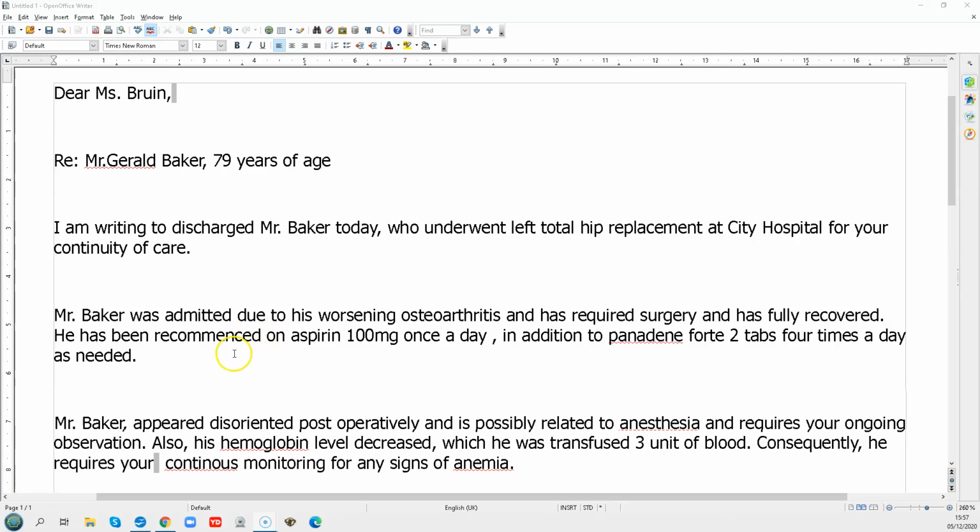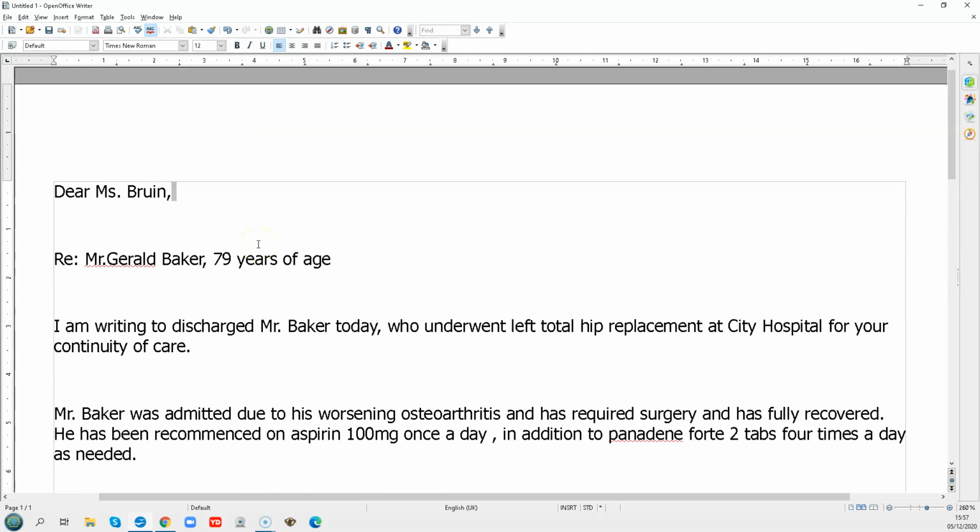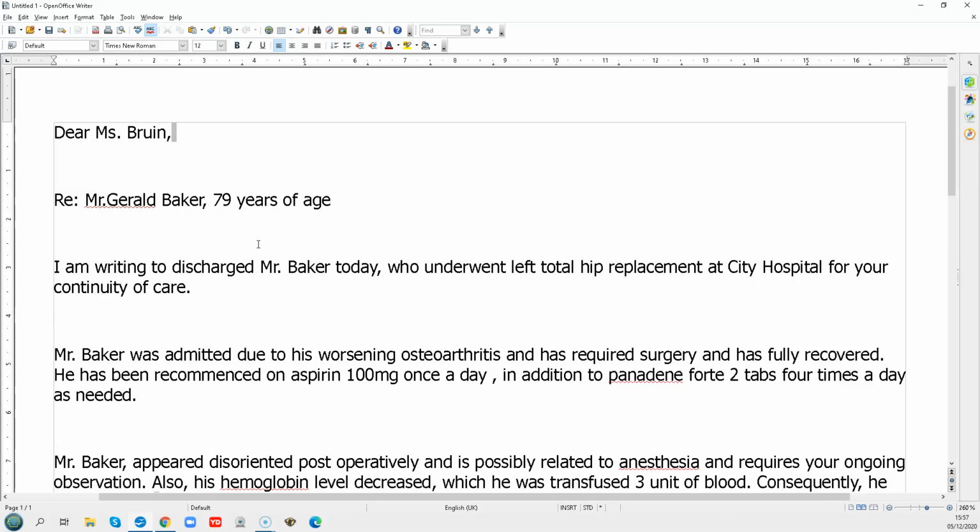Okay, we have a letter for me to have a look at. Now what I'm going to do, and this is partly the strategy that I've been trying to explain to my students. If you think about it, in reality, the recipient of your letter will not have access to case notes.